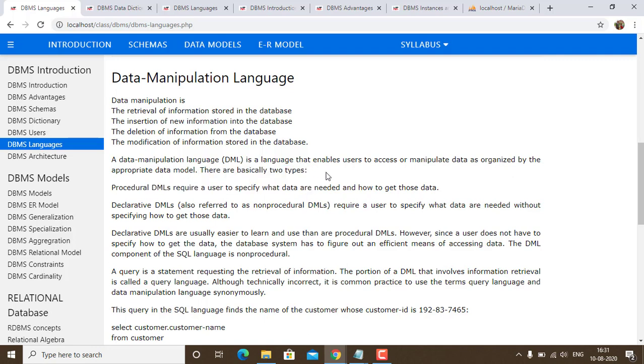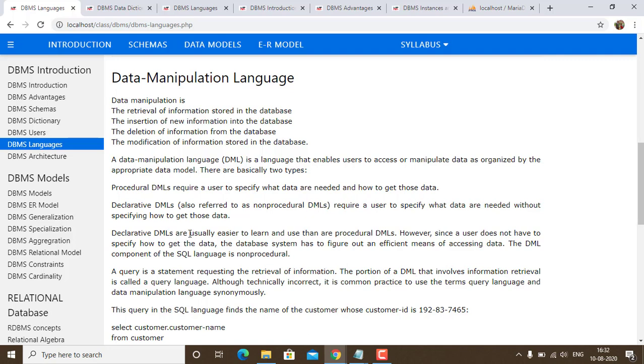Procedural DMLs require a user to specify what data are needed and how to get those data. In declarative DMLs, also referred to as non-procedural DMLs, the user specifies what data are needed without specifying how to get those data.